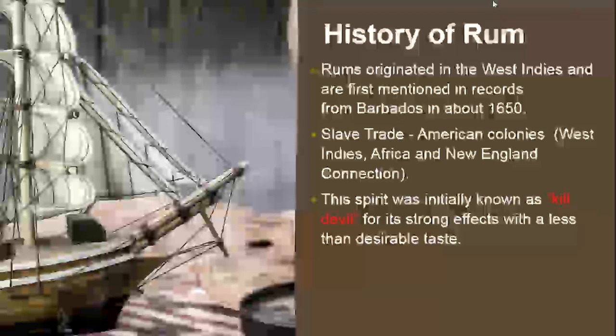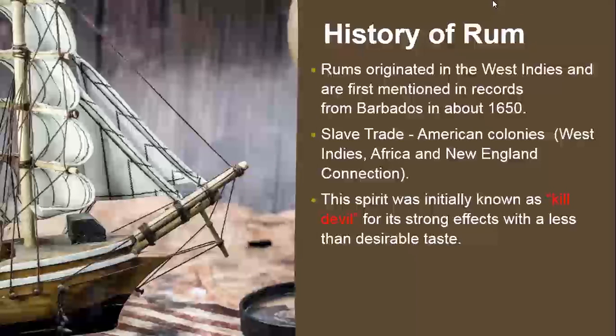None other than Christopher Columbus is responsible for transporting the crop to the Caribbean. On his second voyage, he introduced sugarcane to the island of Hispaniola, today's Dominican Republic. From there, the plant spread across the Caribbean.